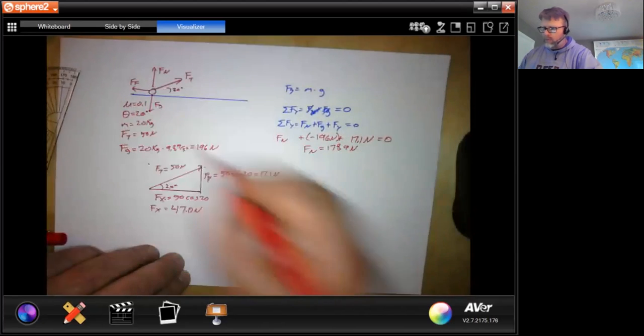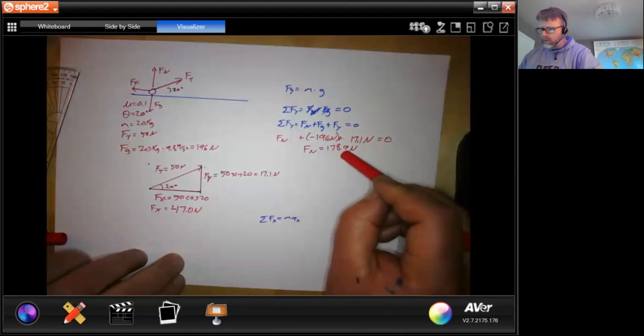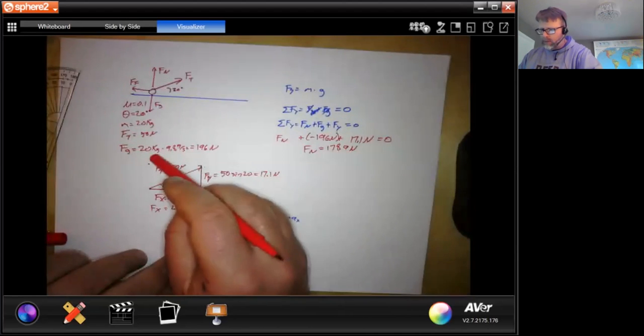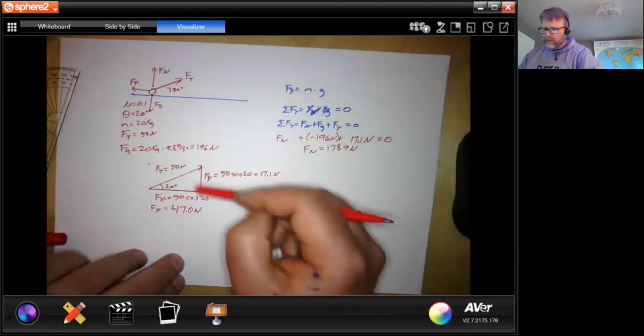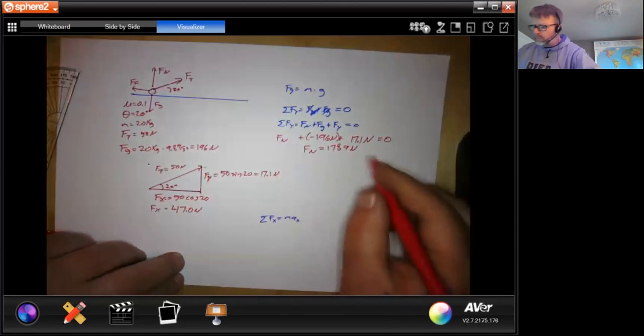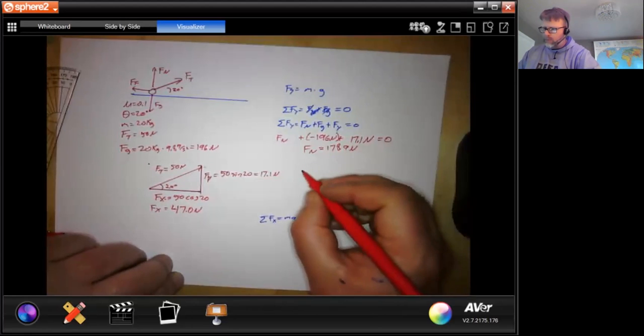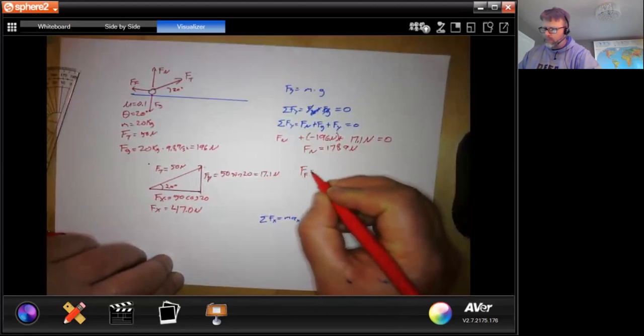So now we know the force normal. Notice this is not equal and opposite to gravity because we have this other upward force here. They all sum up to 0, so that gives us our force normal, which means we can now find our force of friction.